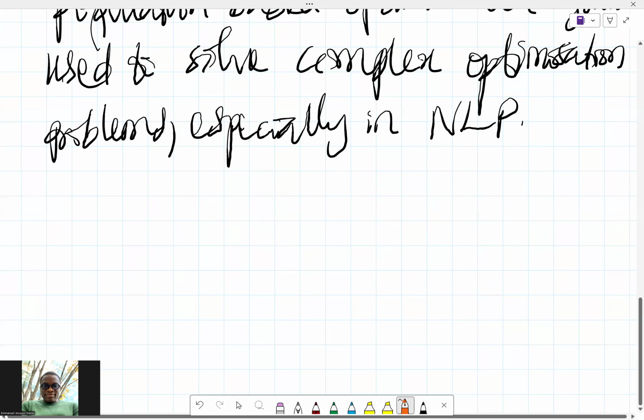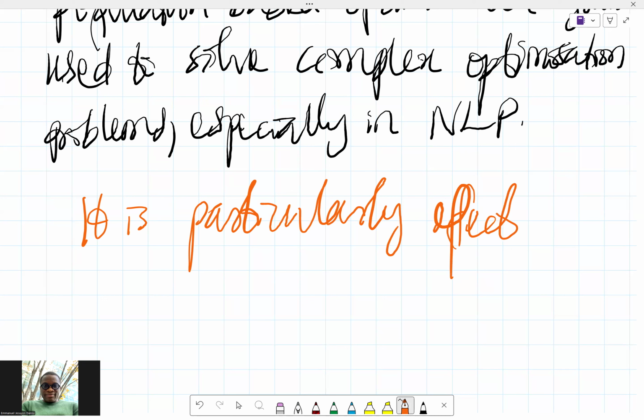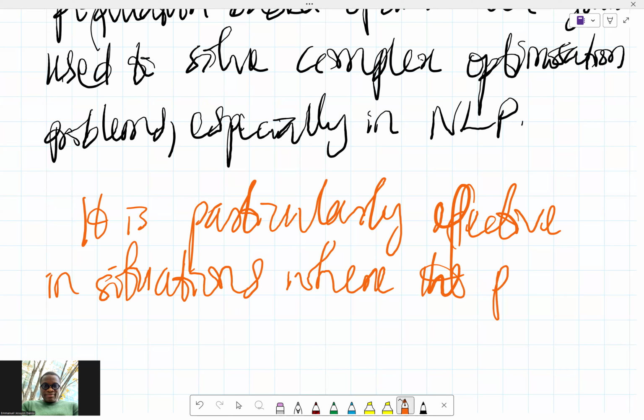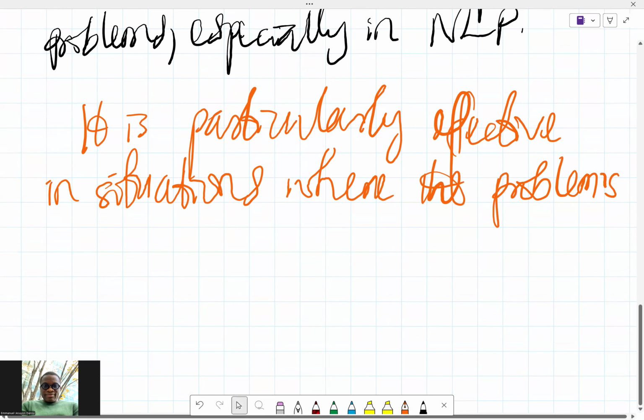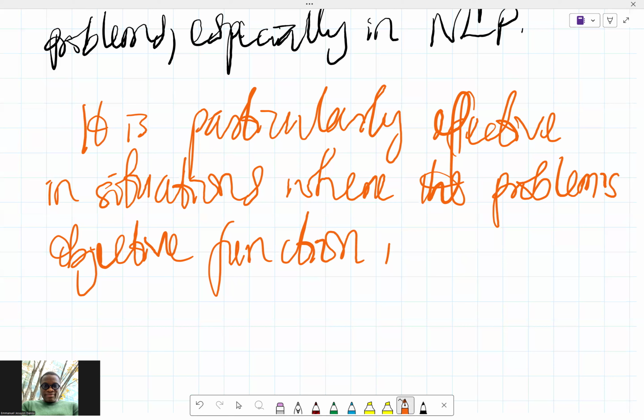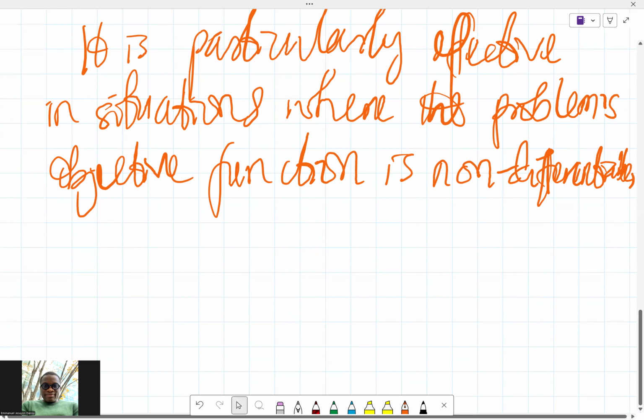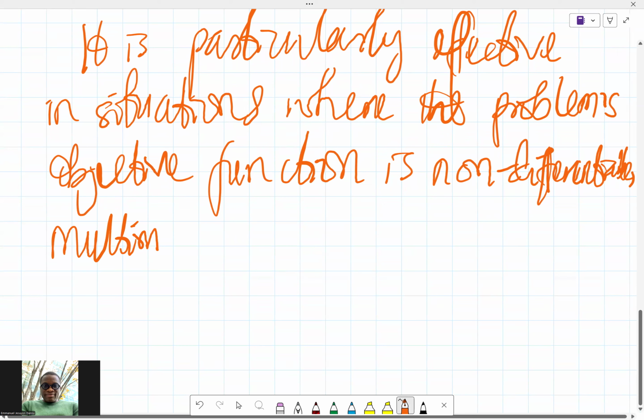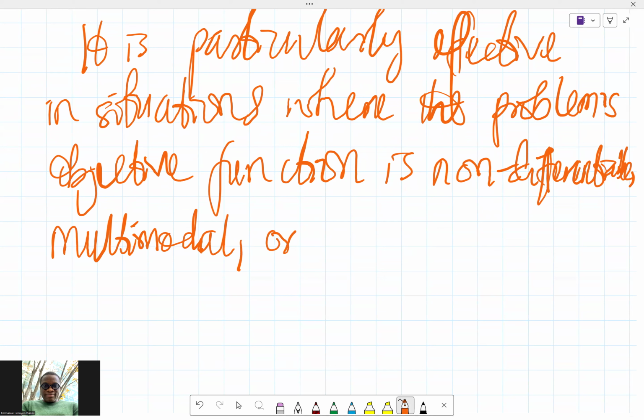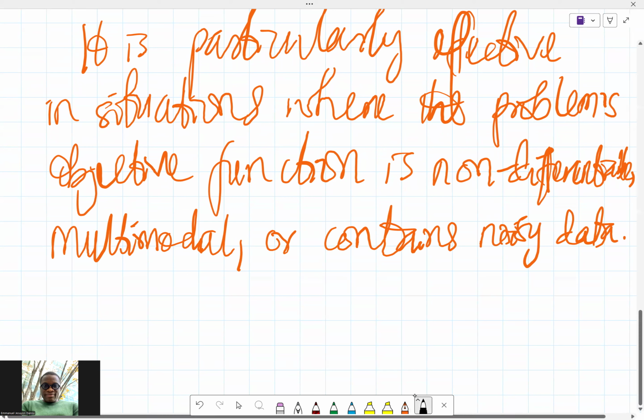It is particularly effective in situations where the problem's objective function is non-differentiable, multimodal, that is, you have multiple minima or maxima, or contains noisy data. So this is giving me the feel of some kind of machine learning inclination.